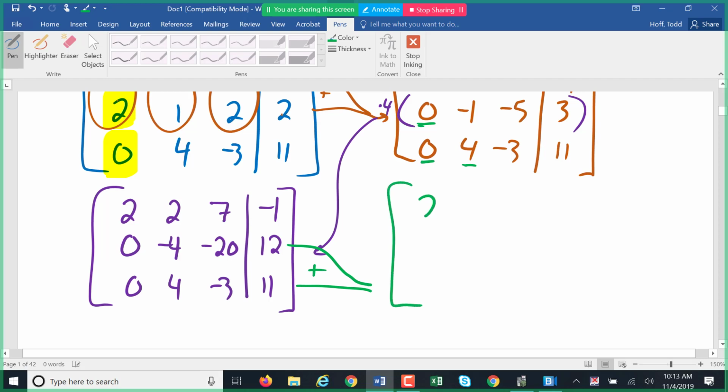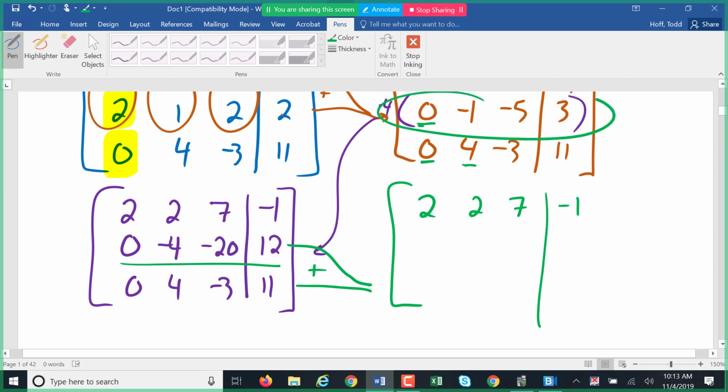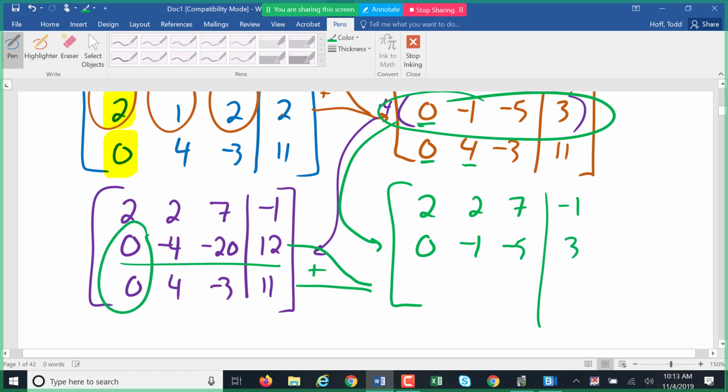My top row hasn't changed. My middle row, I'm going to go back to what it was before I multiplied it by 4, 0, negative 1, negative 5, and 3. My bottom row, well, 0 plus 0 is 0. Negative 4 plus 4 is 0. Negative 20 plus negative 3 is negative 23. 12 plus 11 is 23.